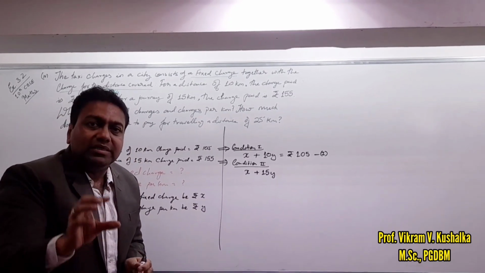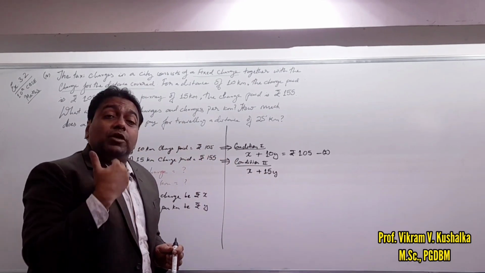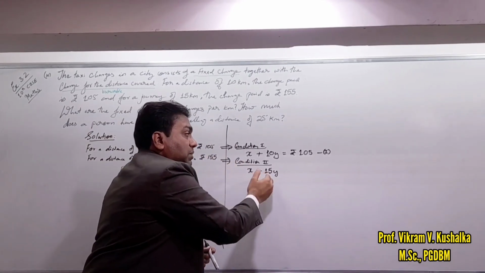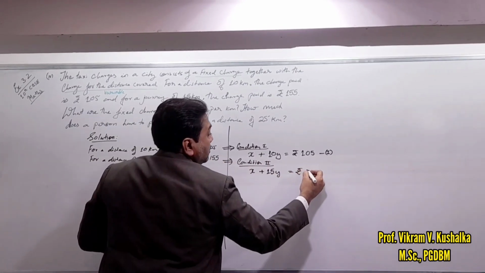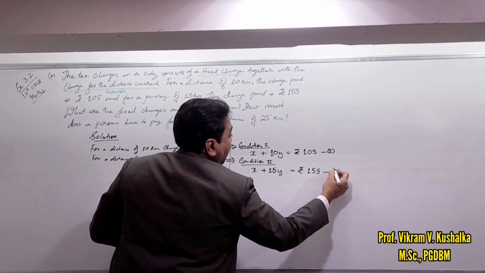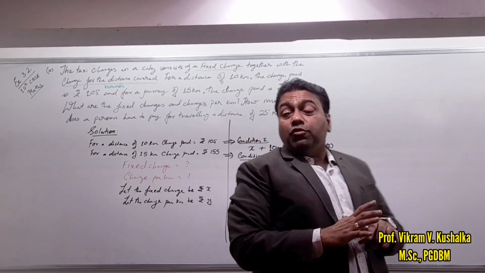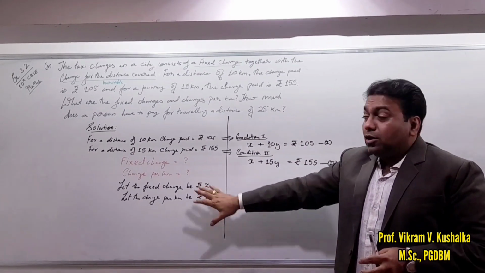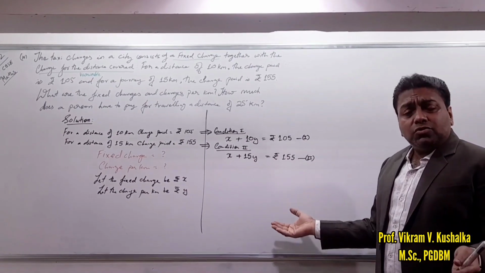For 1 kilometer it is rupees y. So for 15 kilometers it is going to be 15 into y. So x plus 15y, and the total amount paid is rupees 155. That is your equation 2. Bingo. So once you frame out which are the two quantities, once you understand the conditions and you get the equations, then you know how to solve it.